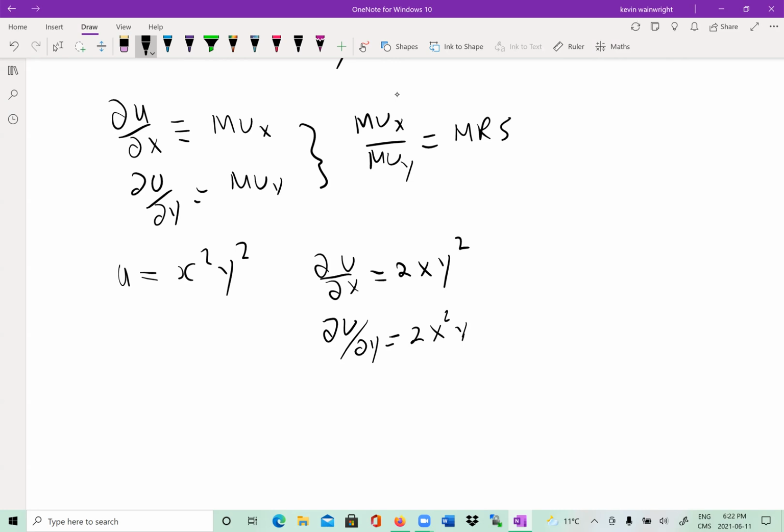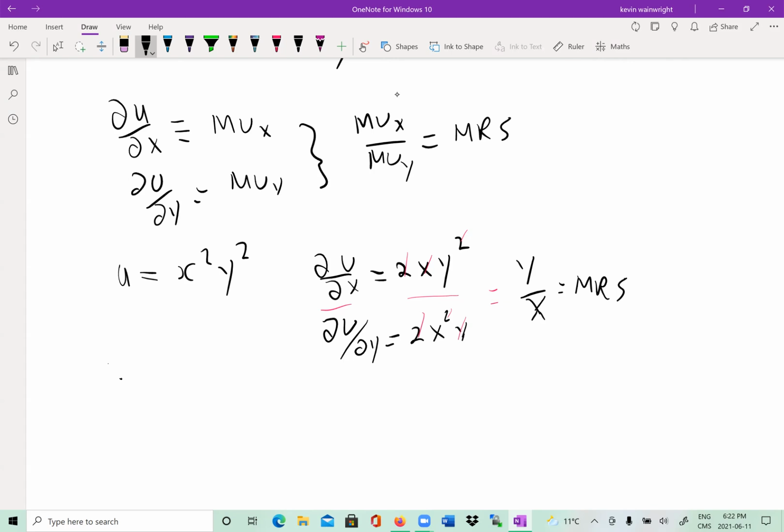Now, if I divide the first one by the second one, the 2s cancel, the Y and the Y squared cancel, the X and the X squared cancel, and I'm left with Y over X as the marginal rate of substitution.